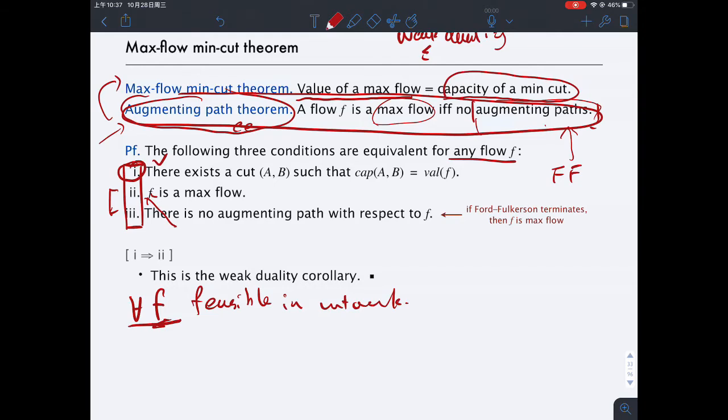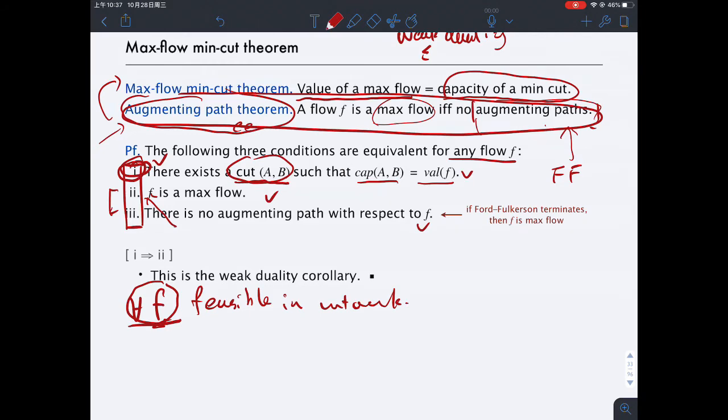So for instance, if I pick an arbitrary flow f and I can also find a cut A and B such that the capacity of A and B equals the value of f, making statement 1 true, then we also know that f is a max flow and there's no augmenting path with respect to f, right?